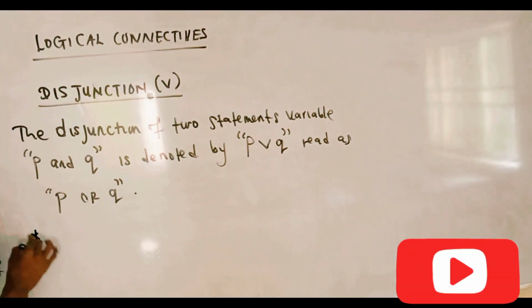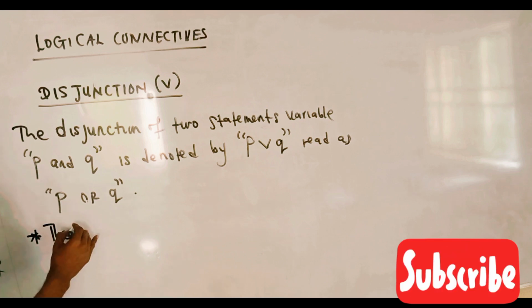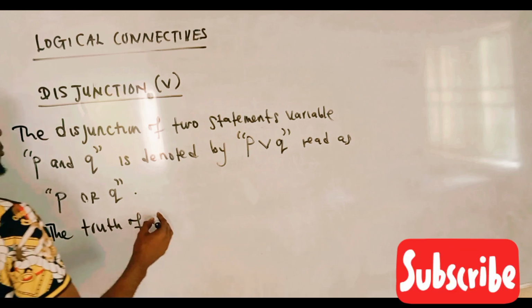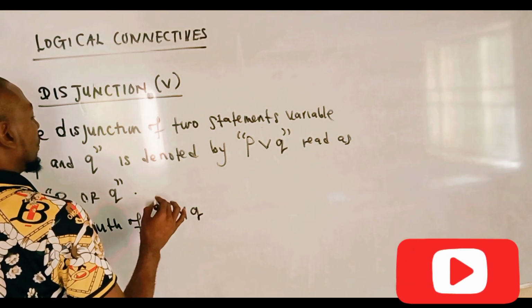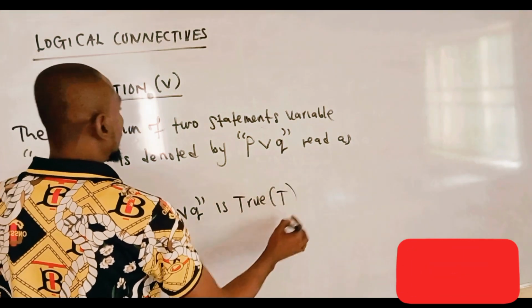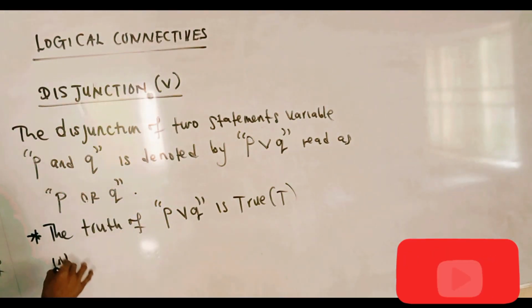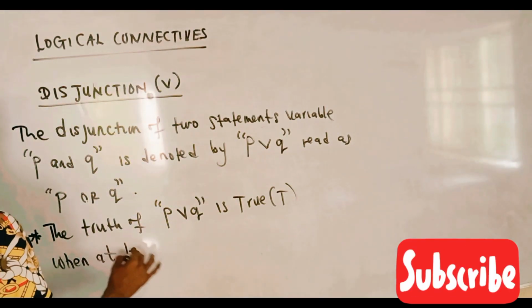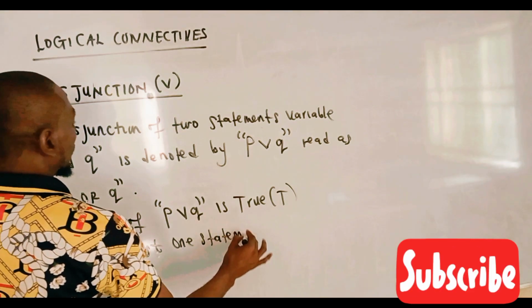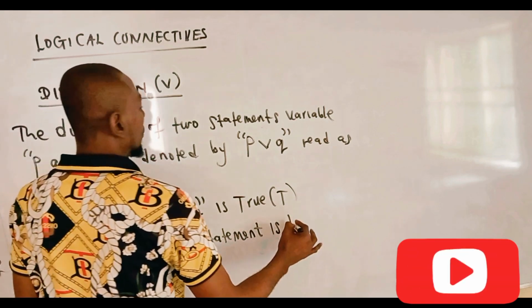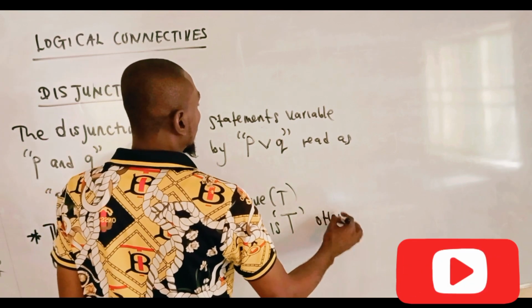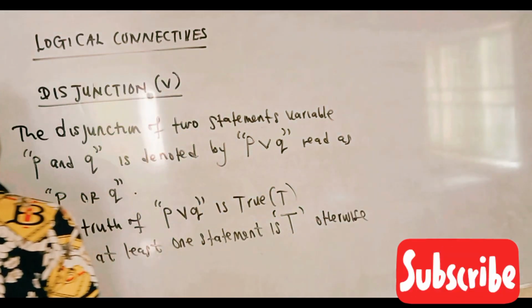Then the key point says that the truth value of P or Q is true, is T, when at least one statement is true, otherwise it is false.